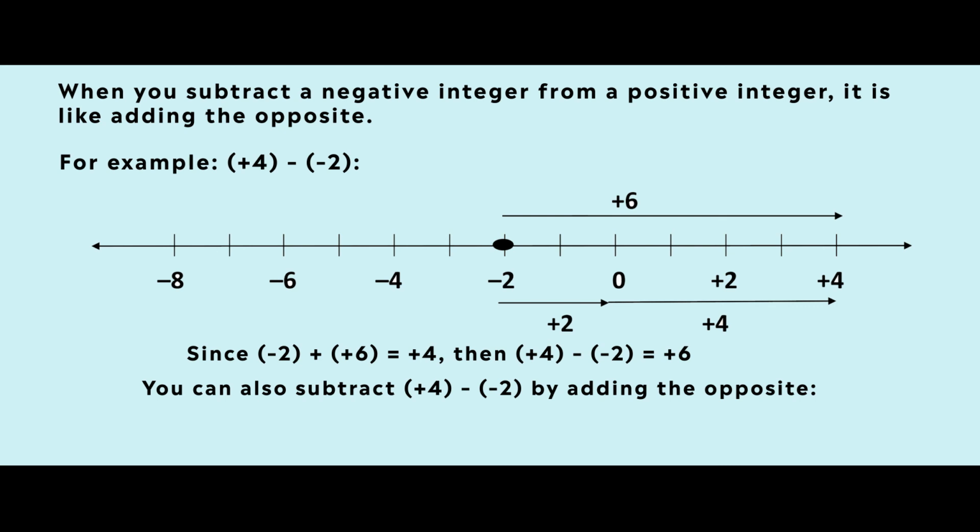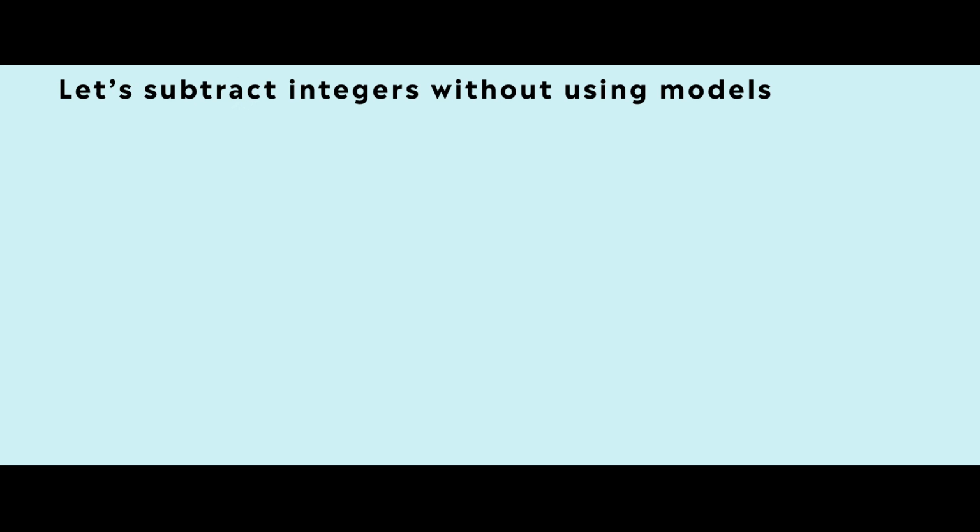So when you add positive 2 plus positive 4, we get positive 6. So we can say positive 4 minus negative 2 is equal to positive 4 plus positive 2, which is equal to positive 6. Let us subtract integers without using model.